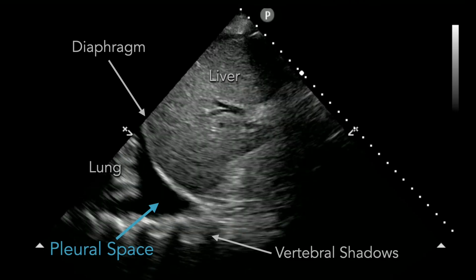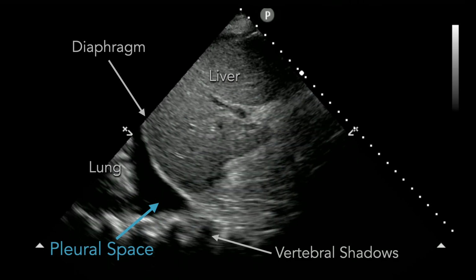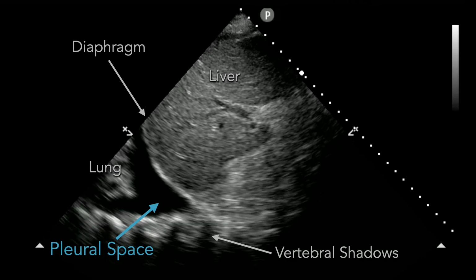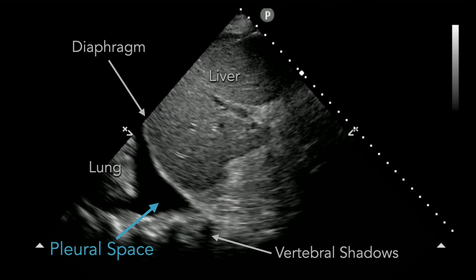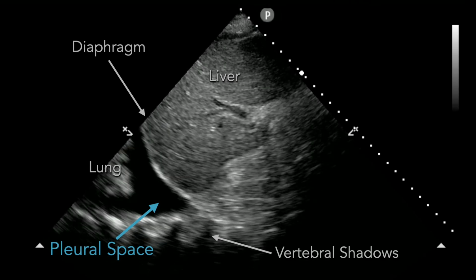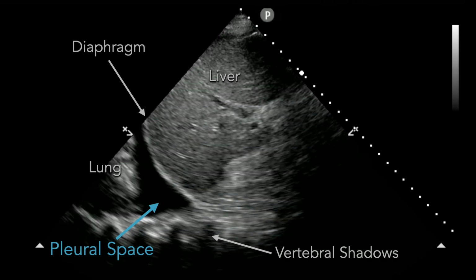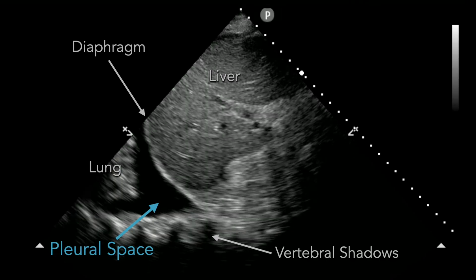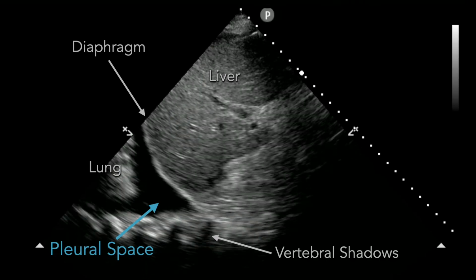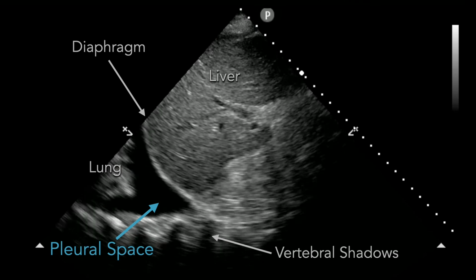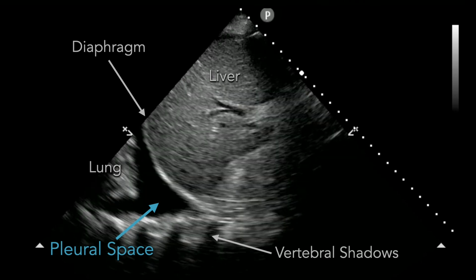And so the theory or the physics behind this is air obscures the transmission of ultrasound, right? Ultrasound doesn't transmit well through air. And so whenever you put air somewhere, it's going to block the view of whatever is deep to that, right? Whatever is in the far field. When we have lung fully filling the thorax, I'm not going to see the vertebral bodies or the vertebral shadows, which are deep to that lung.